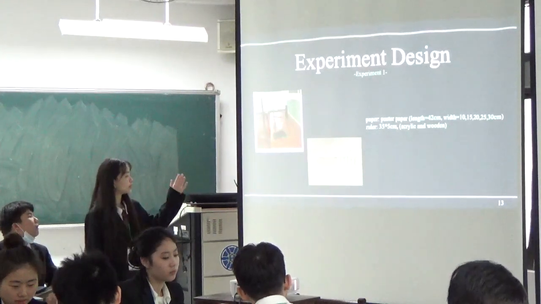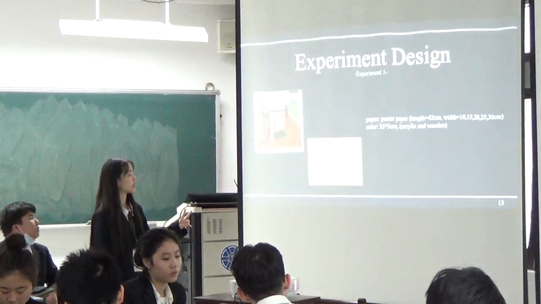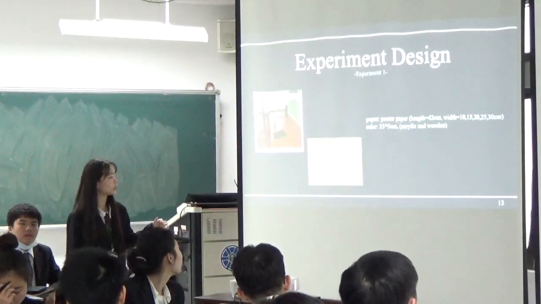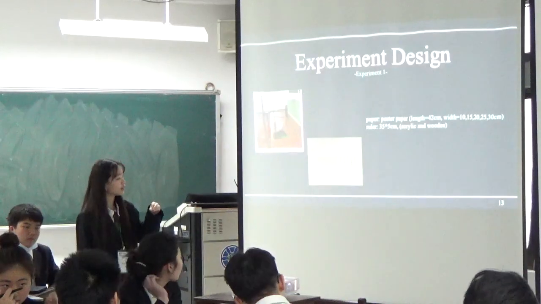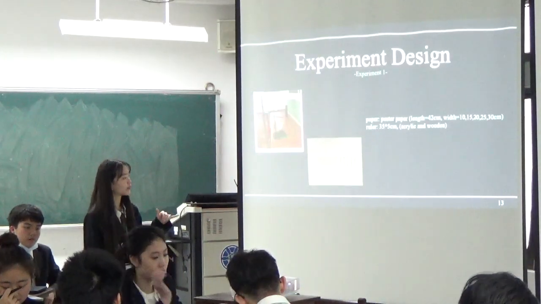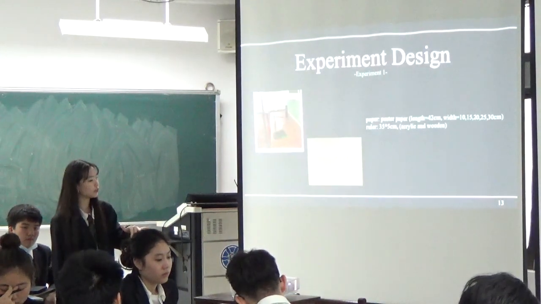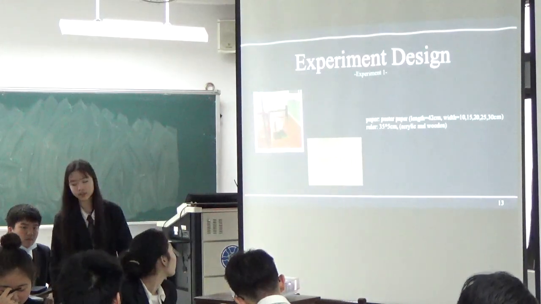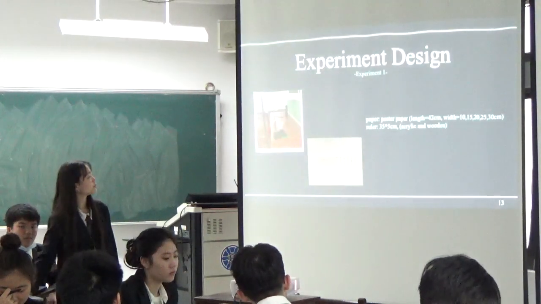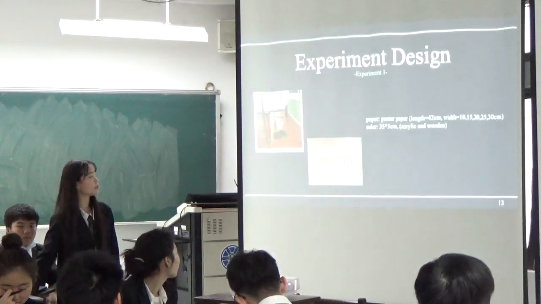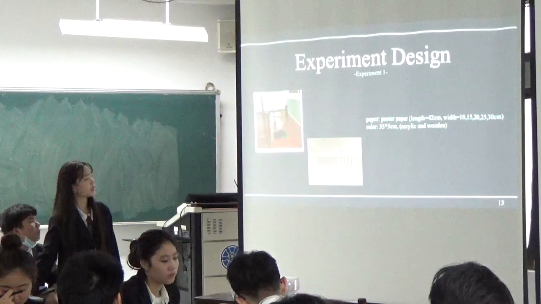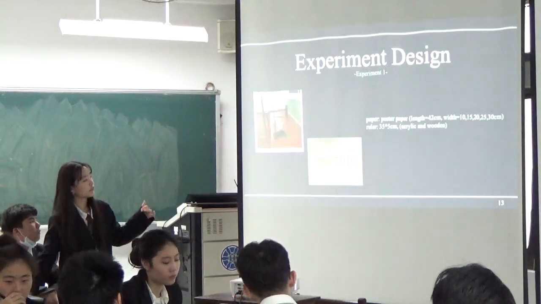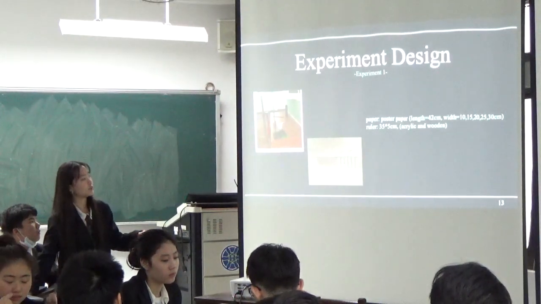We draw a line every 2 centimeters on the ruler because we want to measure the critical value of the hit point, like the critical length of the ruler that will fall off the table. And the paper we use is poster paper with length 42 centimeters and width 10, 15, 20, 25, 30 centimeters respectively.